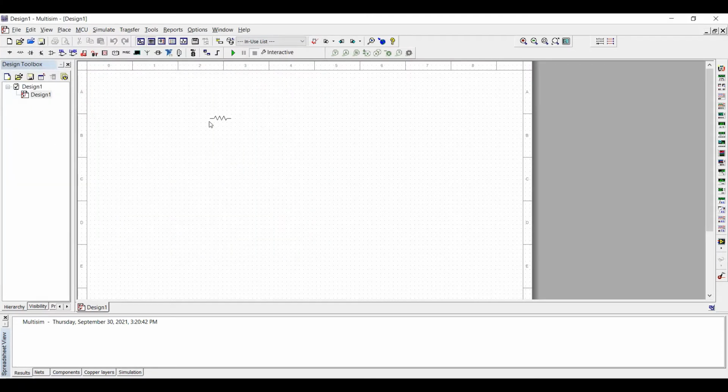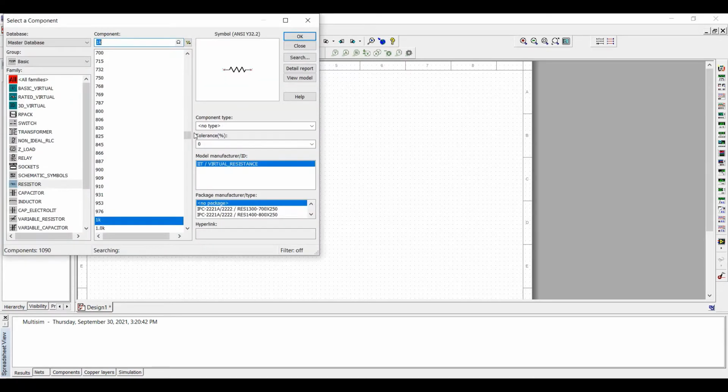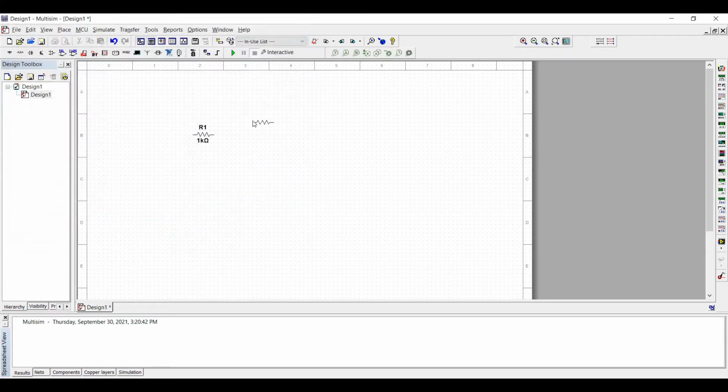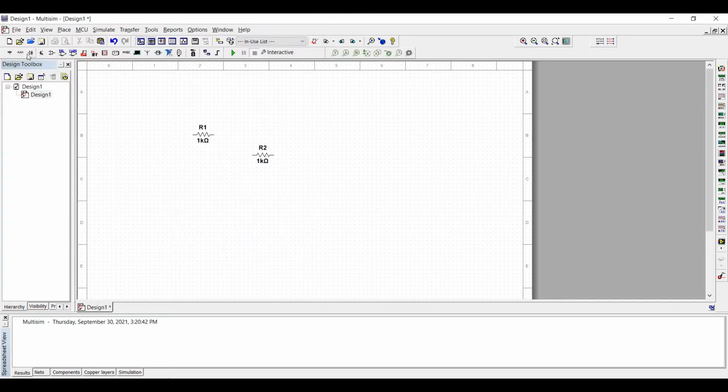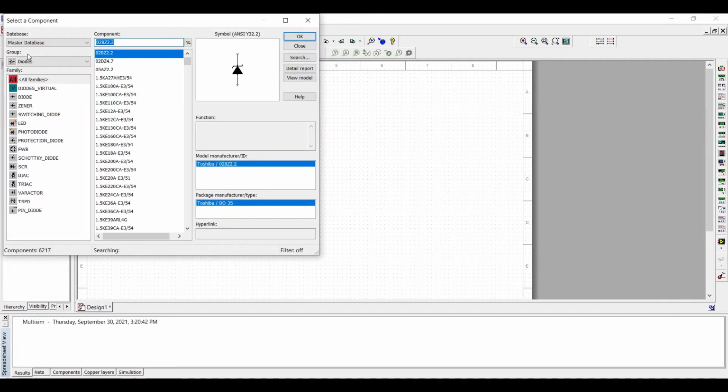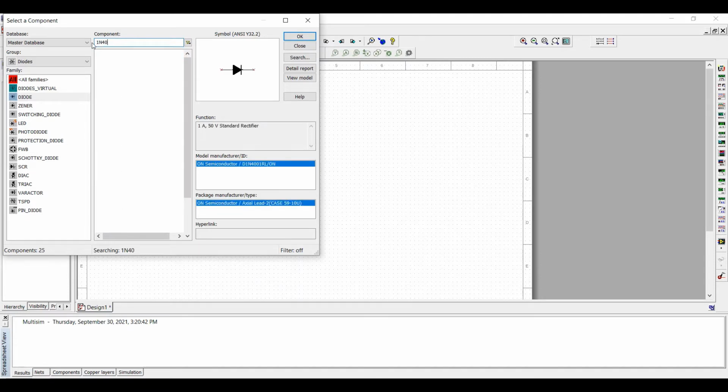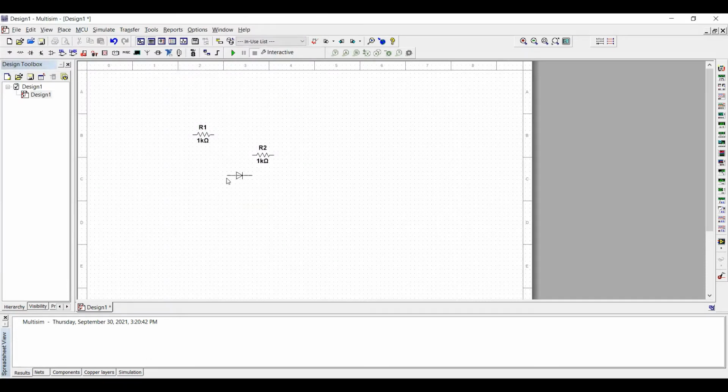We need 2 resistors. Then we need a diode. So click on diode, go to diode, write down the name of the diode, which is 1N4007. Select 1N4007G. Click OK. You get a diode.